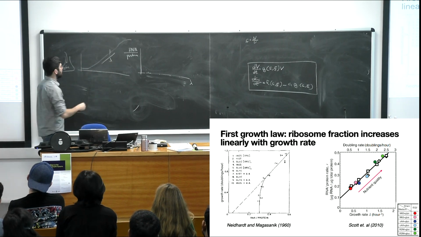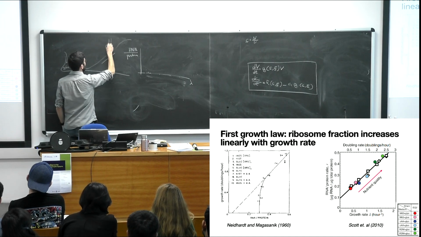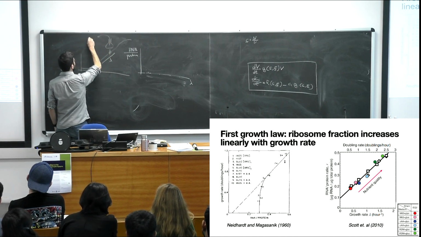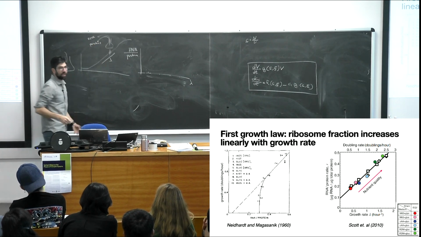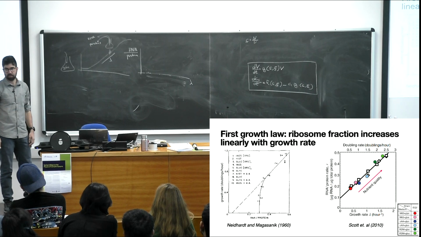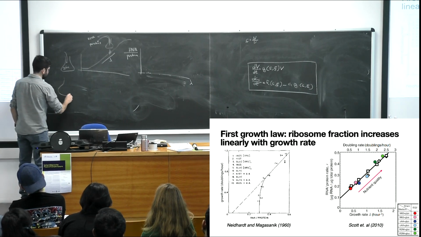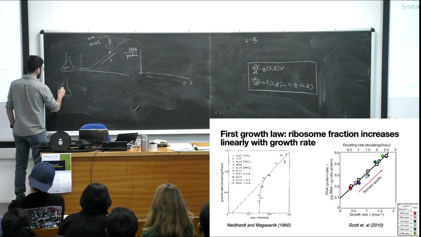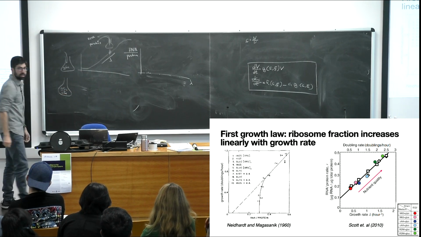And then you take cells from the flask here, and you extract RNA, and you extract proteins. You weigh them, you take the ratio. Then you have another condition, let's say glucose plus amino acids.